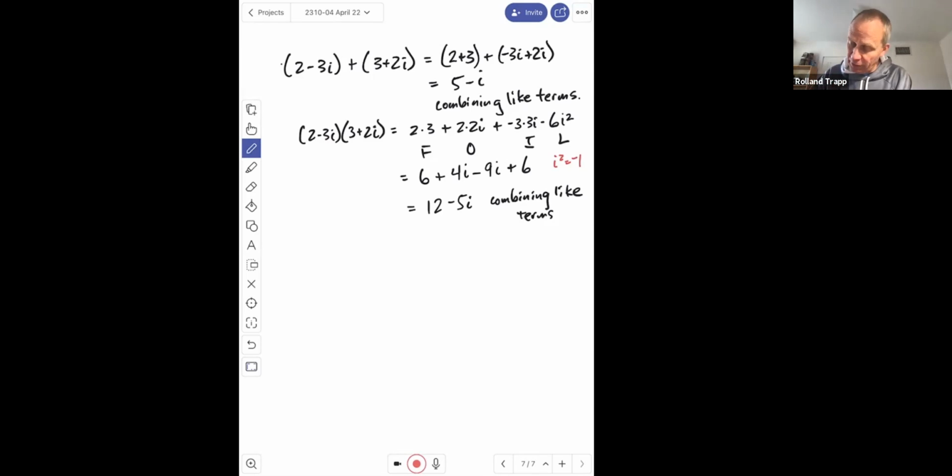Okay, division is a little trickier. Okay, so I got to show that something like 1 plus i divided by 3 plus 4i is a complex number.